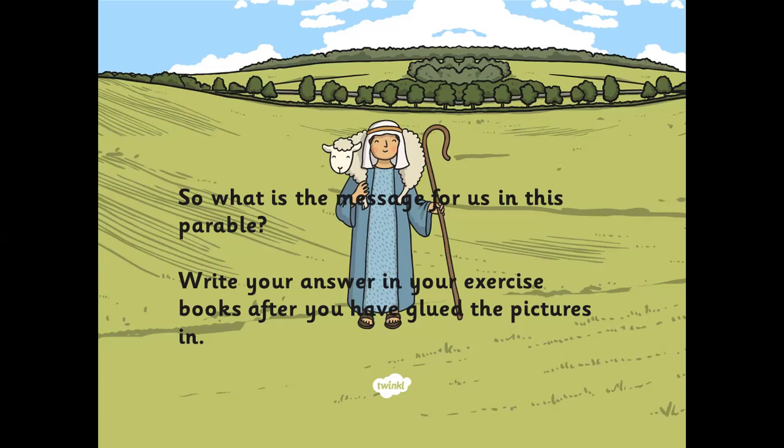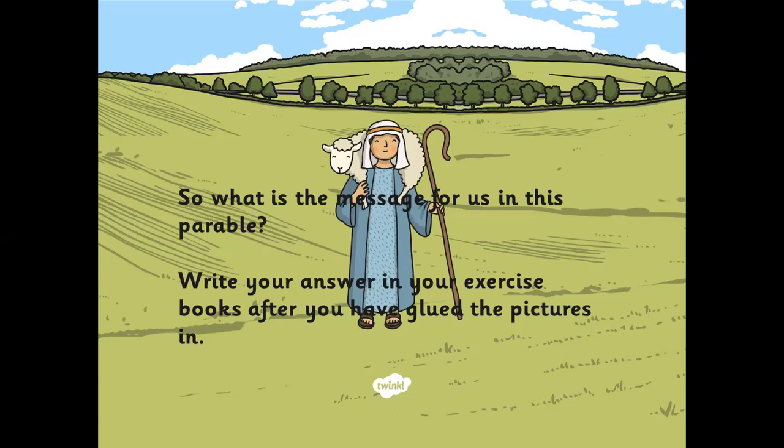God is represented by the shepherd who loves all of his sheep and wants to take great care of them. And even when one of the sheep goes astray, like we do if we make the wrong choices, God goes in search for them, just like the shepherd, and he wants everyone to be part of his family and to spend eternity in heaven with him.